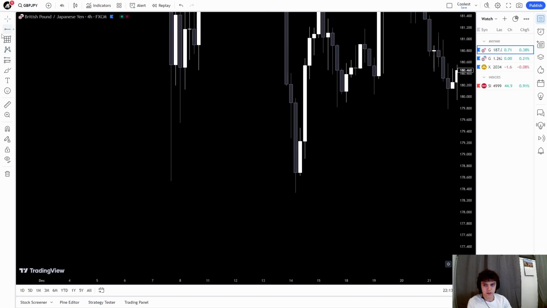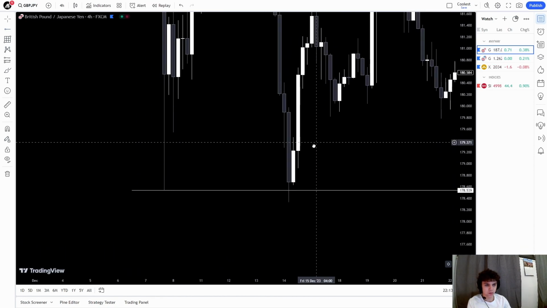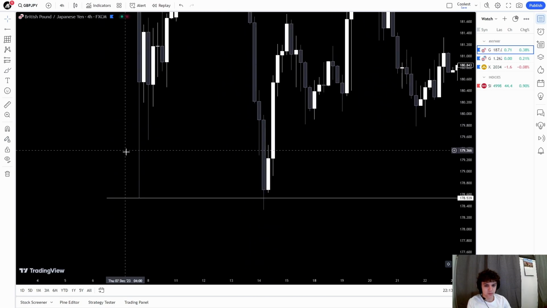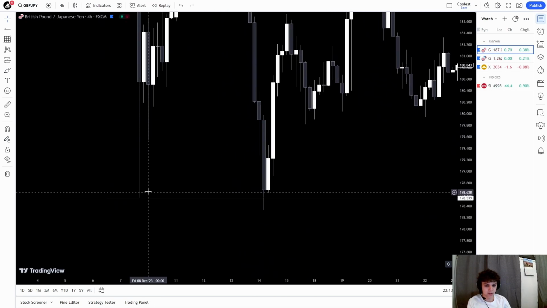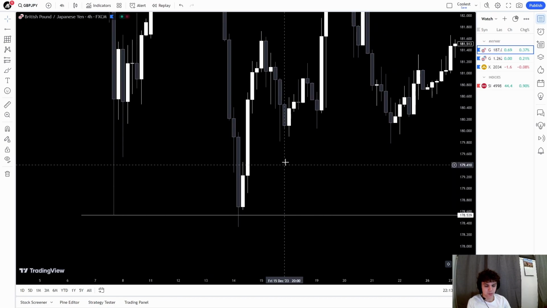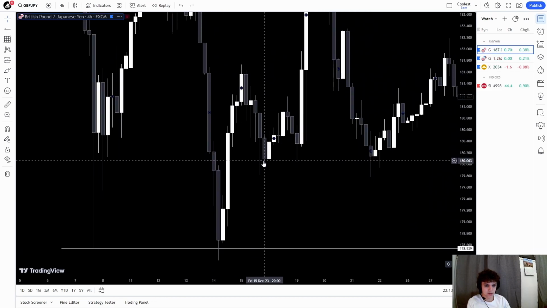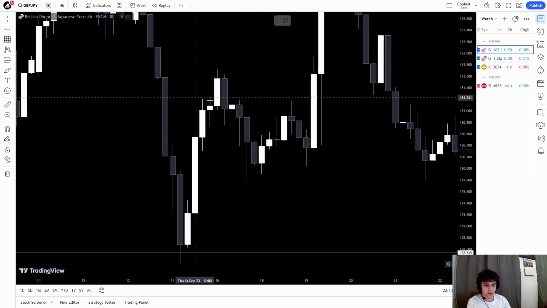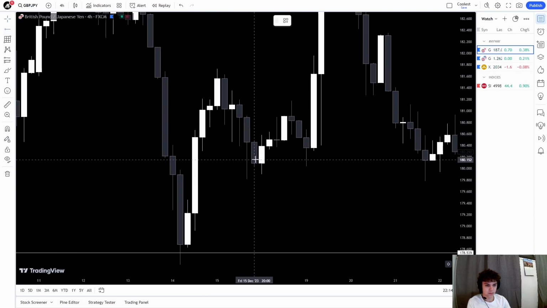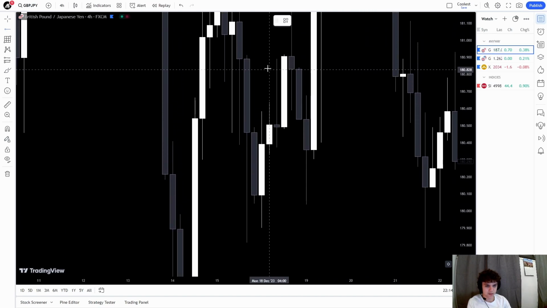We sweep liquidity, but also what happens then? We sweep liquidity, this really big buy side liquidity, and we go up. Okay, we don't break structure to the upside yet. We're still bearish here. Then what happens here?